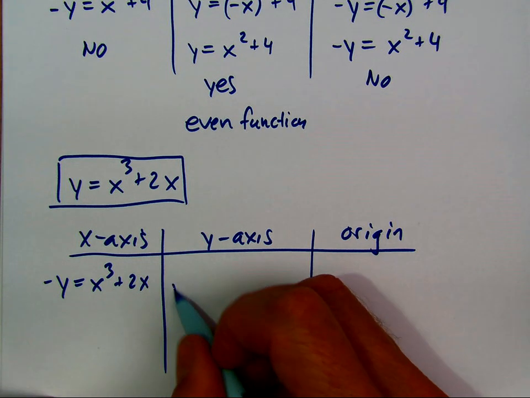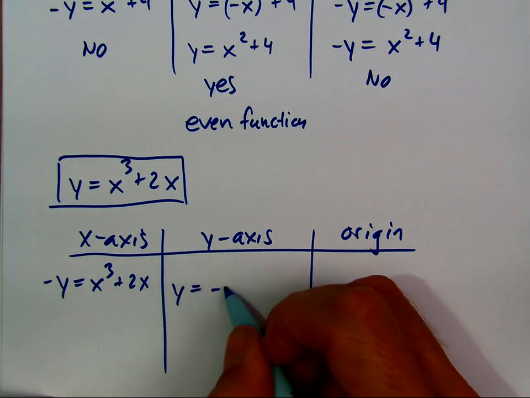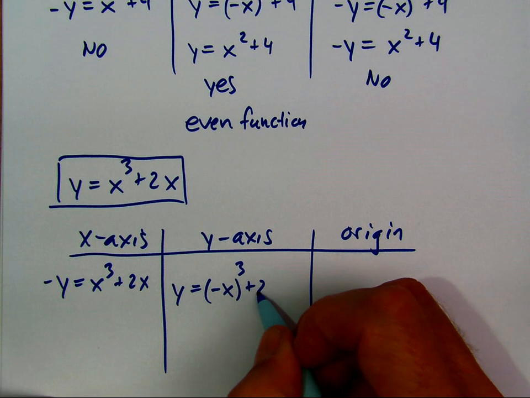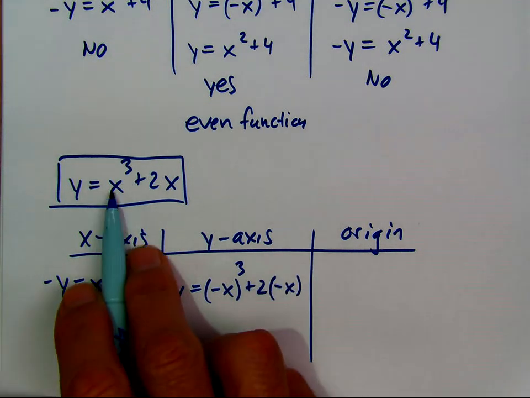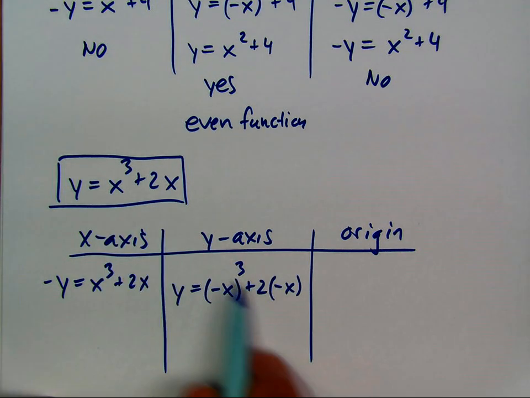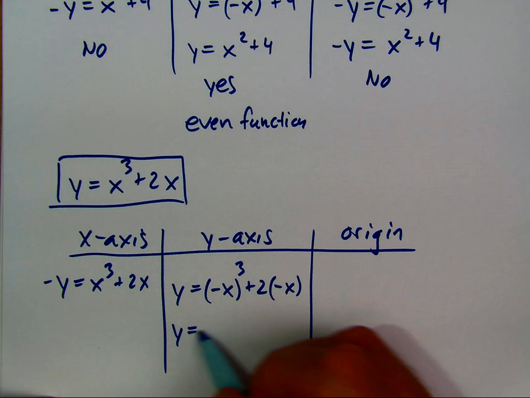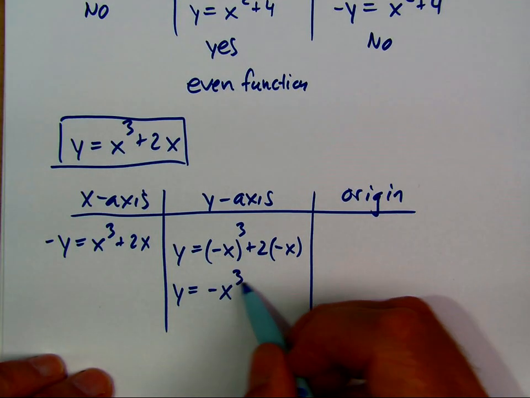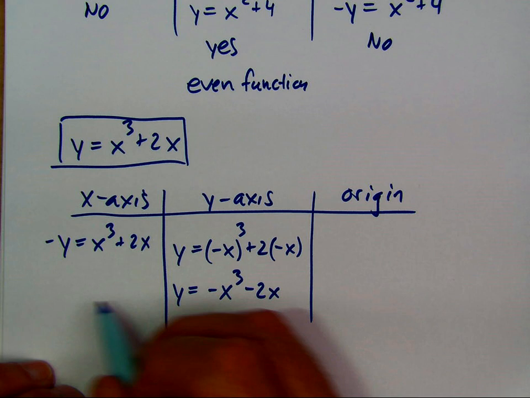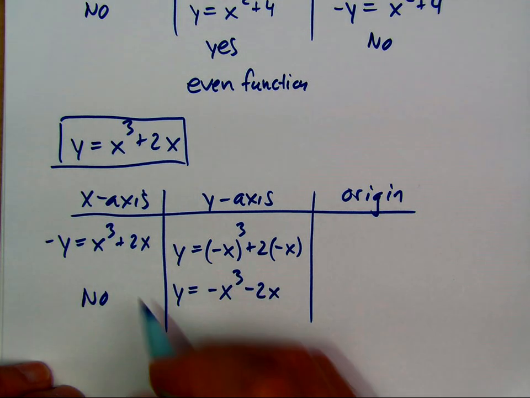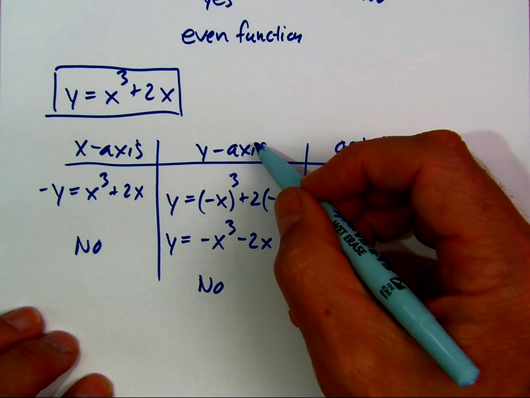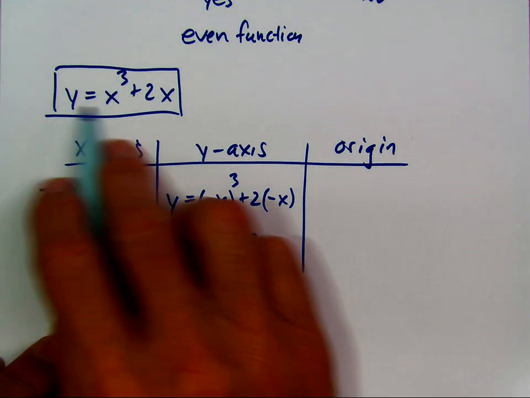Y-axis symmetry, you change the sign of the x. So make that a negative, make that a negative, and when you cube the negative, it's still negative. So we have no x-axis symmetry. We have no y-axis symmetry because this doesn't look like that.